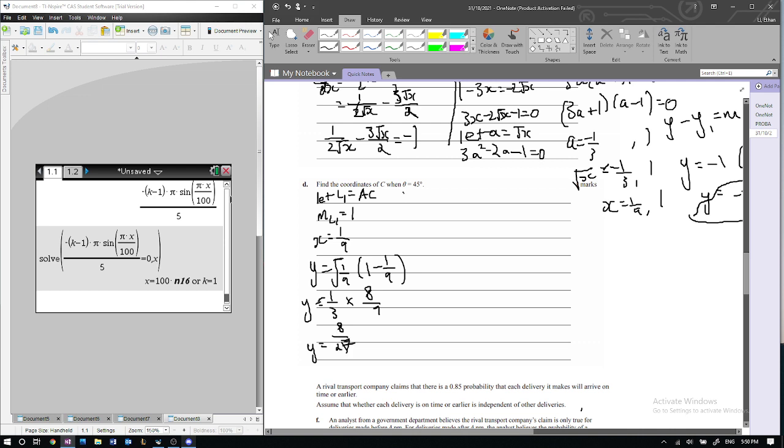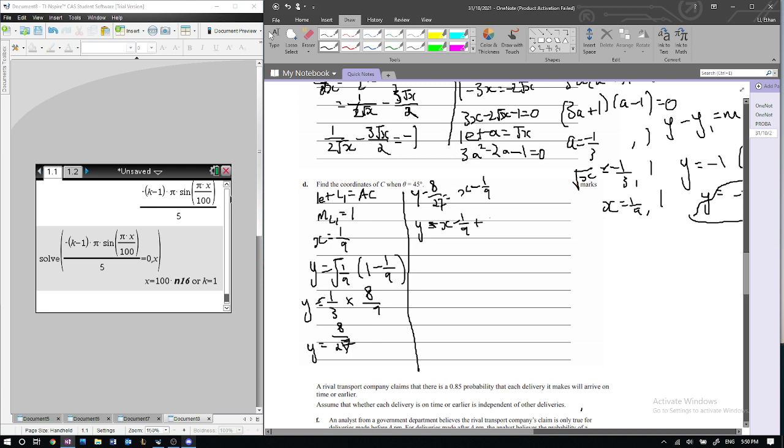Okay, and then putting it all into an equation. So y minus 8 on 27 is equal to m, which is 1, times x minus 1 on 9. So y is equal to x minus 1 on 9 plus 8 on 27. I'm trying to do this in my head.